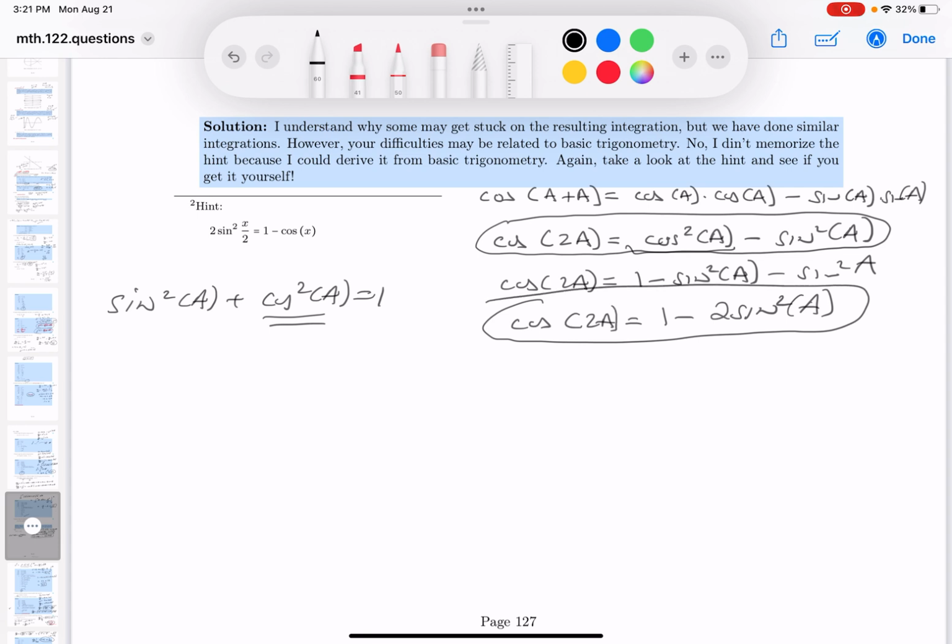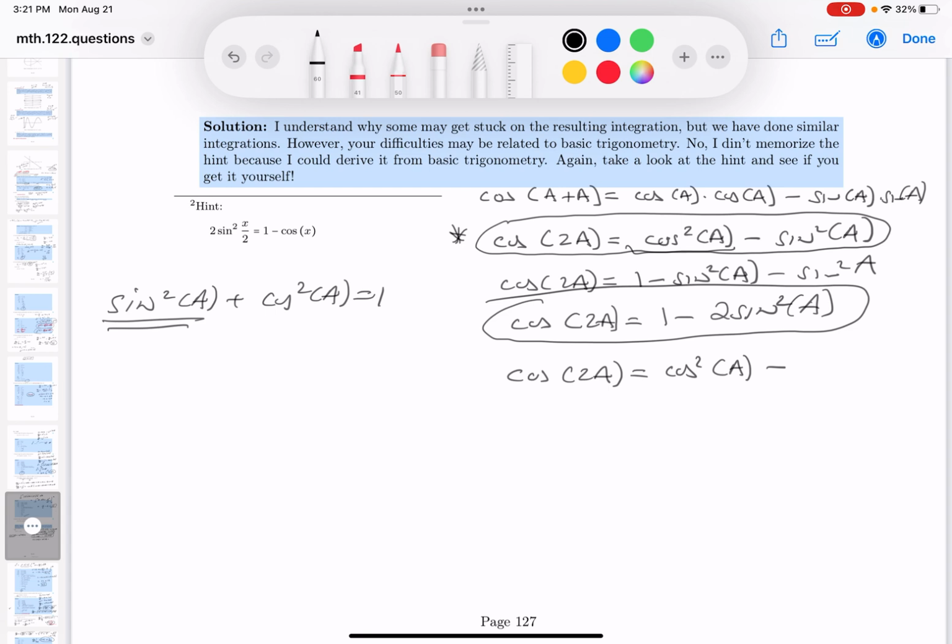I can write another one down. So what I'm going to do over here is I'm going to say, well, let's make a substitution for sine now. So cosine of 2a equals, I'm using this by the way, cosine squared a minus sine squared. Well, if I thought about that, I got to subtract that away.